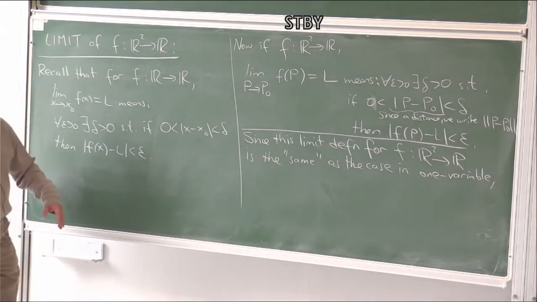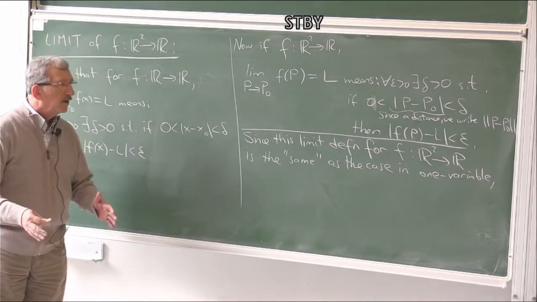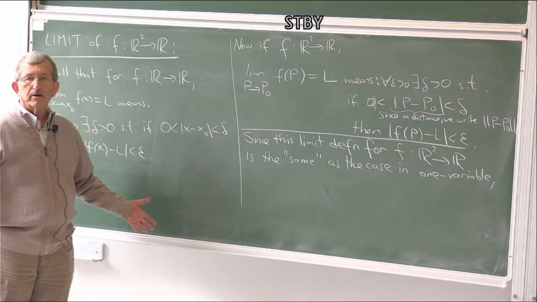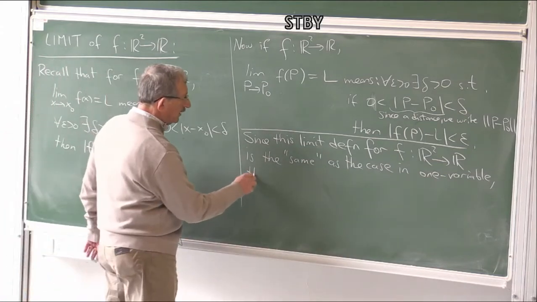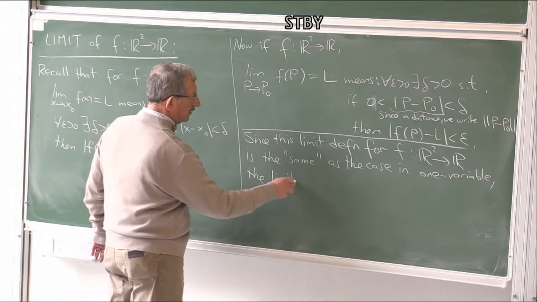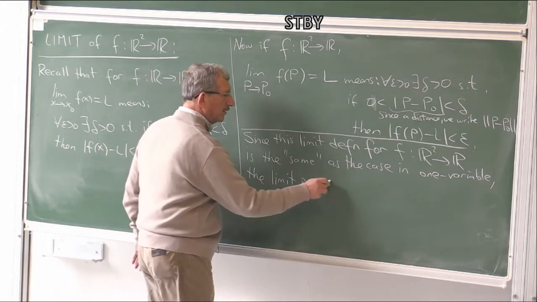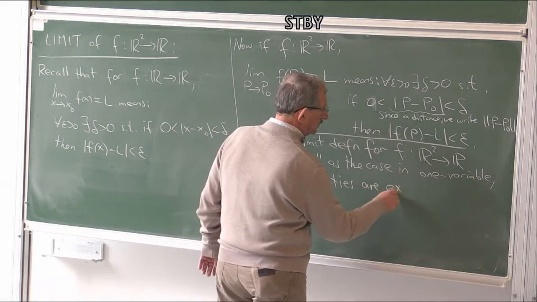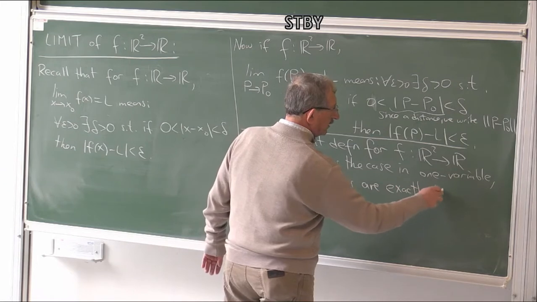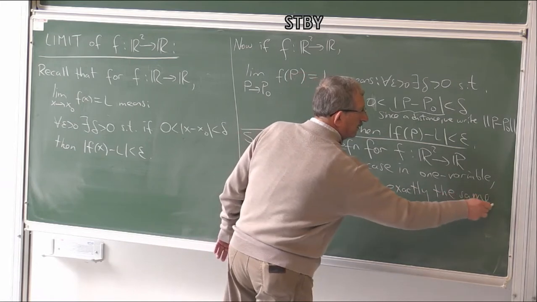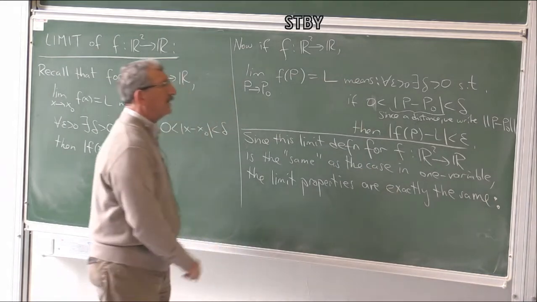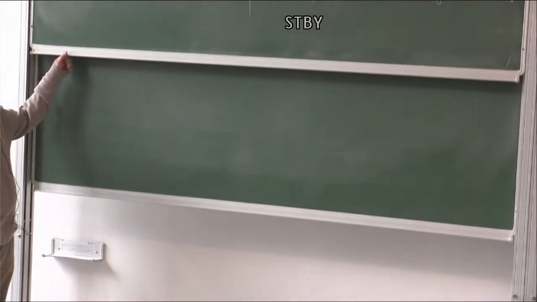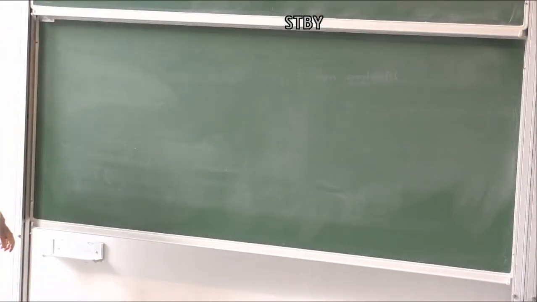we expect that all the properties of the limit connected to the original definition should also be correct in this case. They are. The limit properties are exactly similar. One can prove these as we did for a function of one variable, step by step.